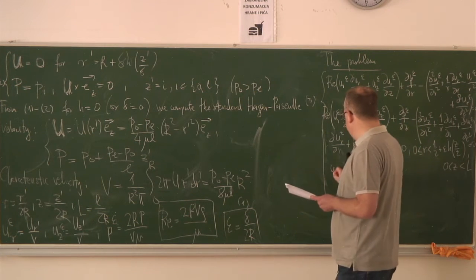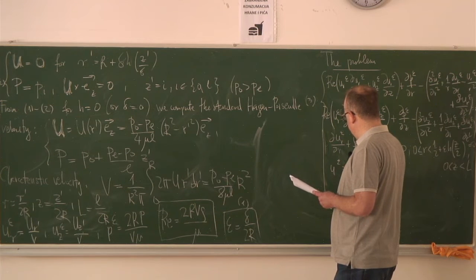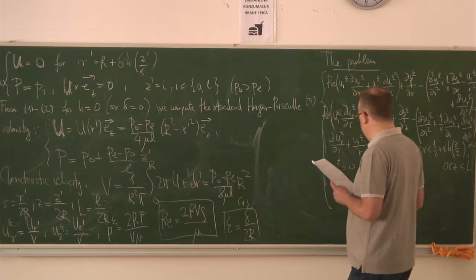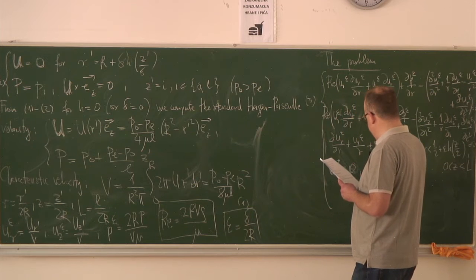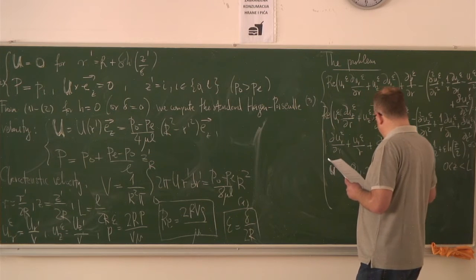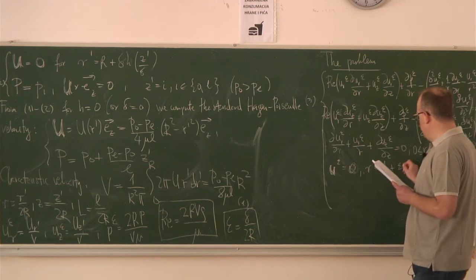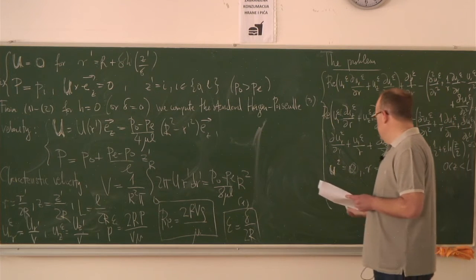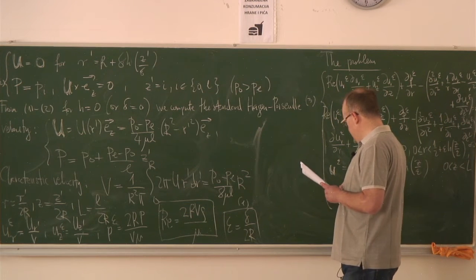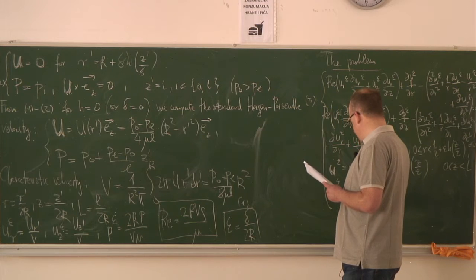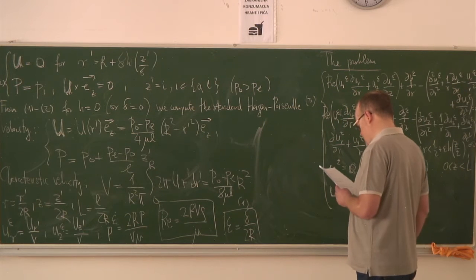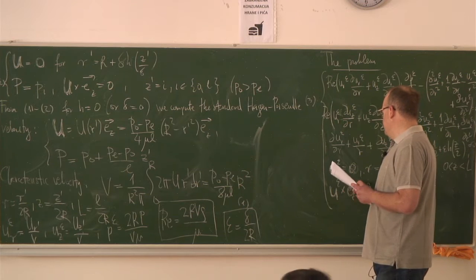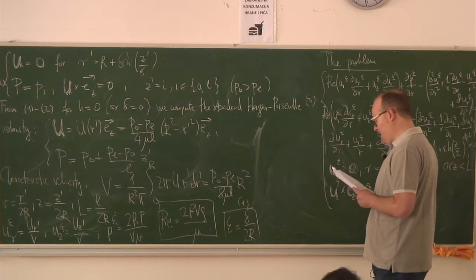And boundary conditions. Okay, so this is a vector. On the pipe's lateral boundary. And on the ends, I should also bold this, you understand, okay?